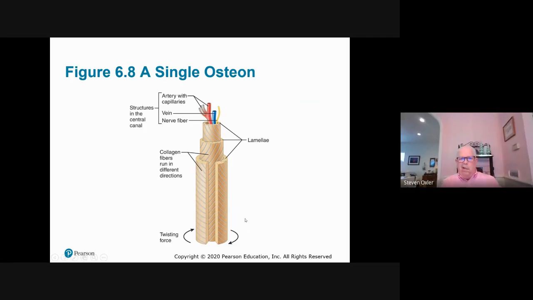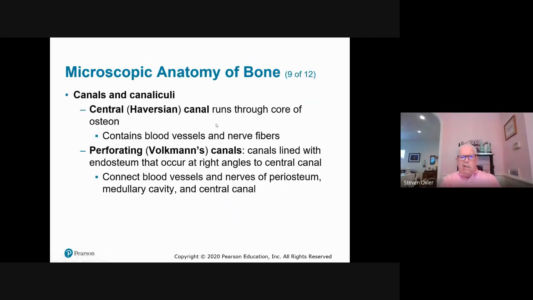Elongated pillars that in the middle have a central canal, and in the central canal are arteries, veins, and nerves. So that is very, very important. The central canal in an osteon contains vessels, arteries and veins, and nerve fibers.